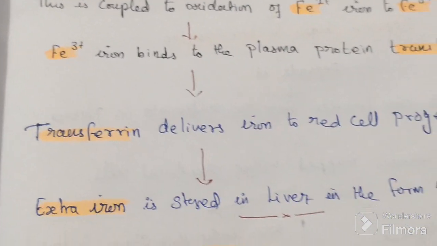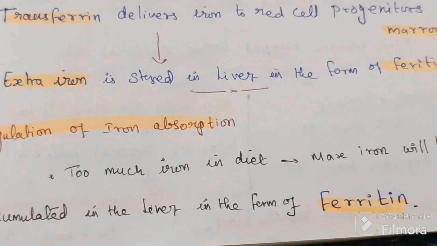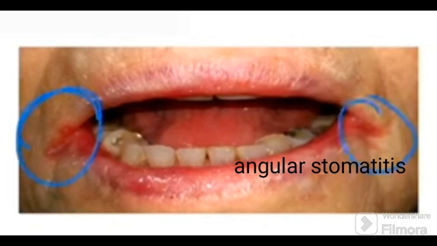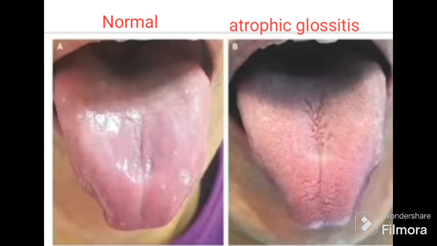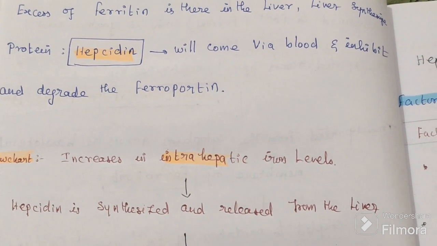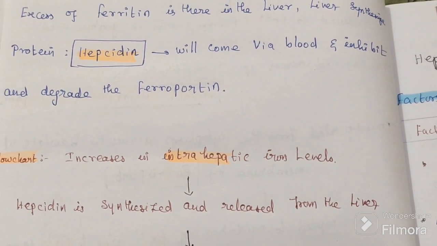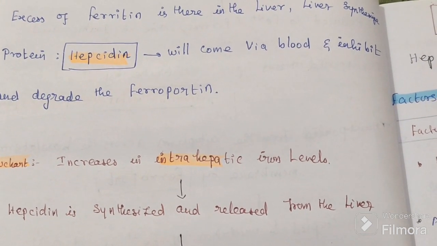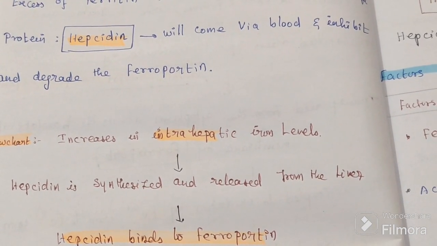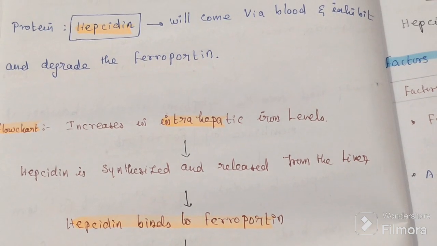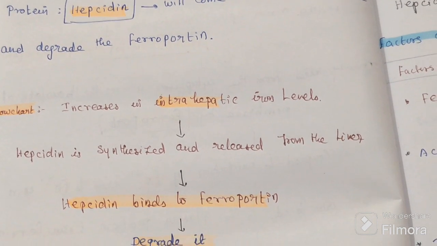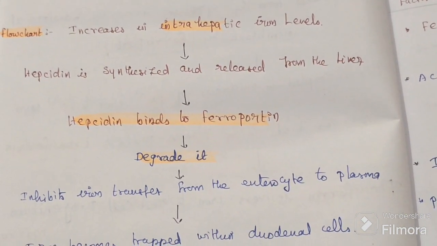Whenever iron is depleted, the concentration of hepcidin synthesized by the liver depends on the iron that we are taking in the diet and the iron in storage form. If there is more storage, more ferritin, and hepcidin will be more. If there is less storage, it will be less.